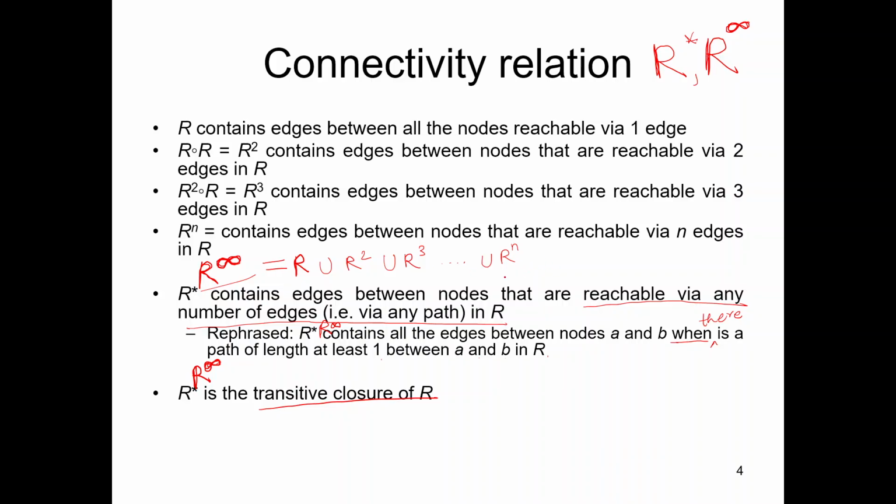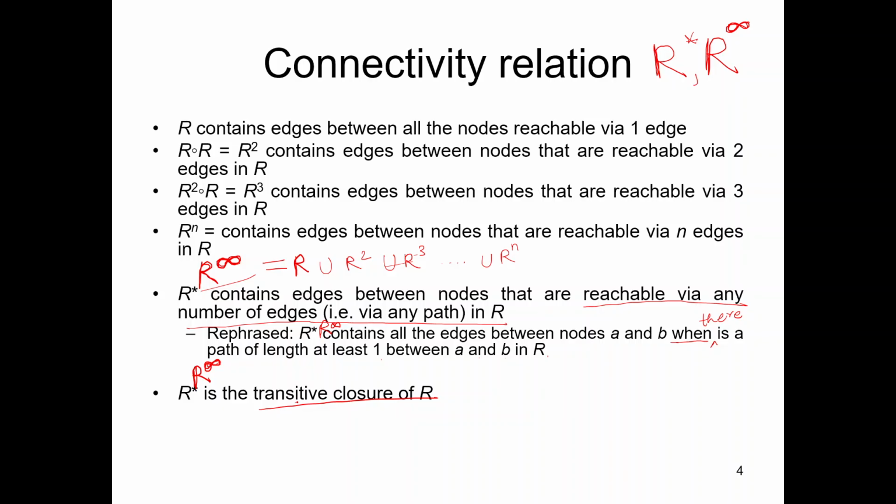And as I had told you during the lecture, where do you stop? For example, if R raised to 3 and R raised to 4 are the same, then you don't calculate the further powers. You just stop there. Or if R square and R cube are the same, then you will just stop at R square. So that is one way of finding R raised to infinity.